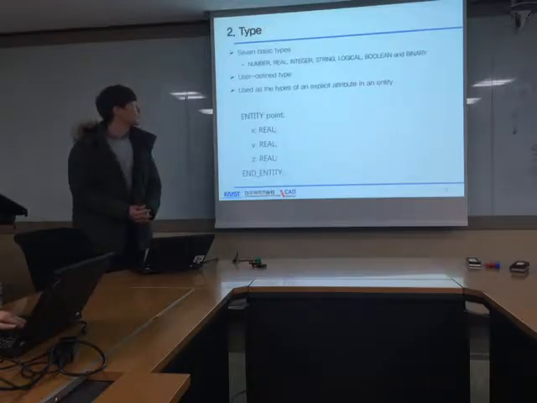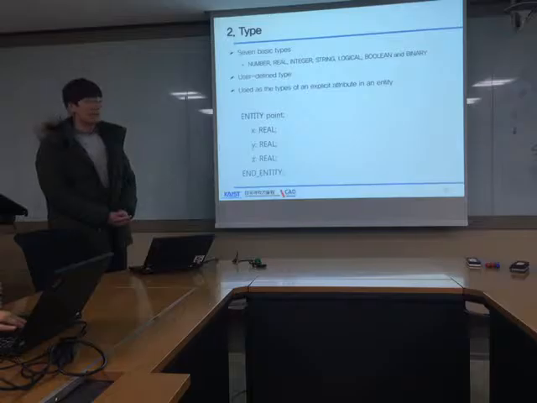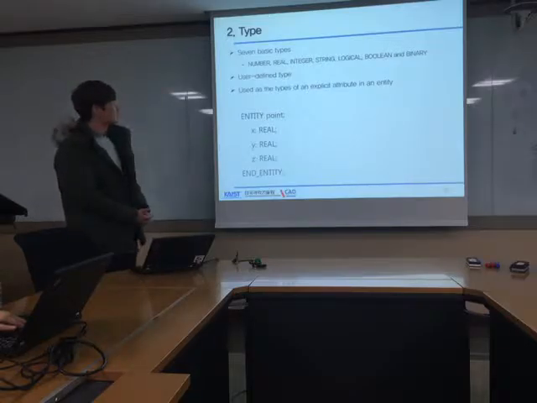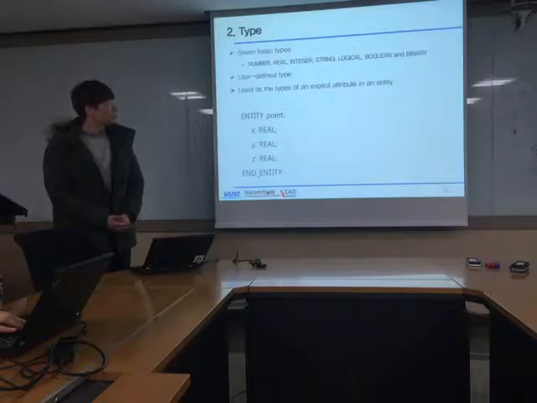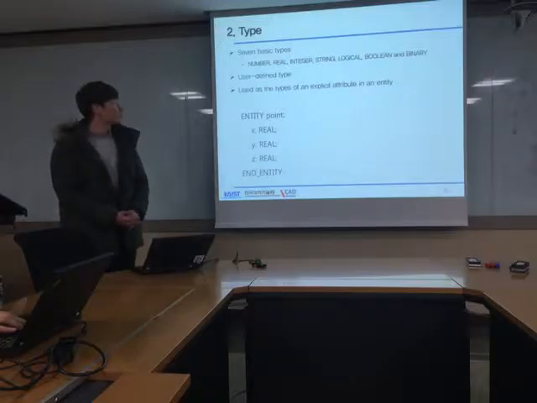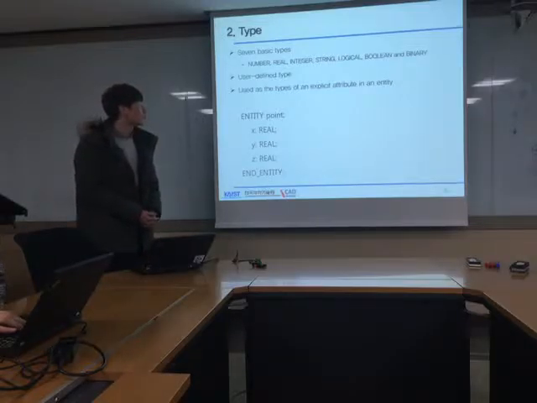And next, type. There are 7 basic types. As the Professor said, there are number, real, integer, string, logical, boolean, and binary. I think you are familiar with integer and string.